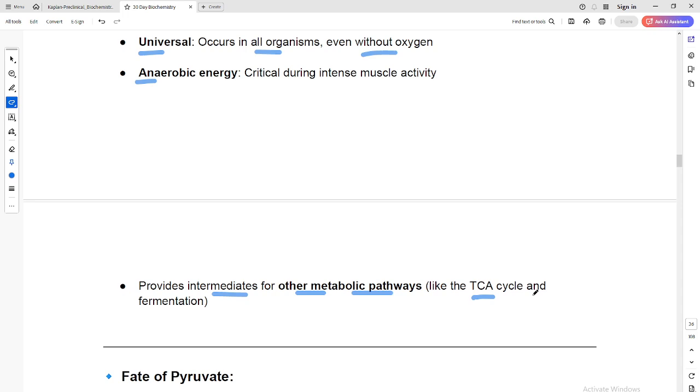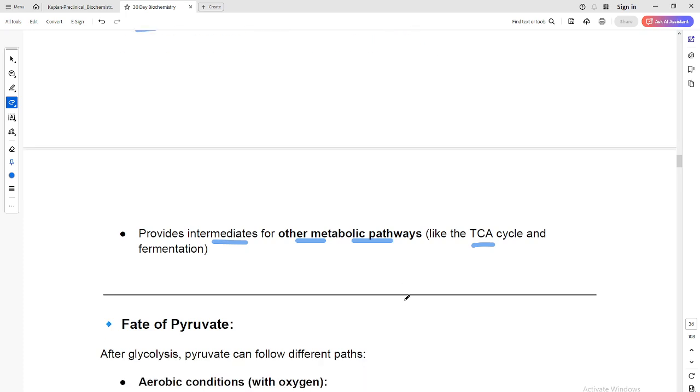Pyruvic acid can also be used to synthesize amino acids. Okay, dihydroxyacetone phosphate produced during glycolysis can be used to form triacylglycerol. So it provides intermediates used in other metabolic pathways.